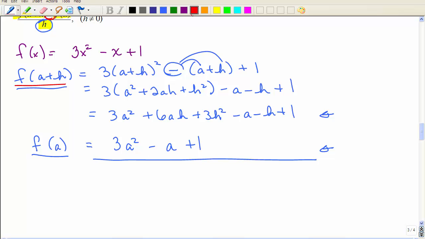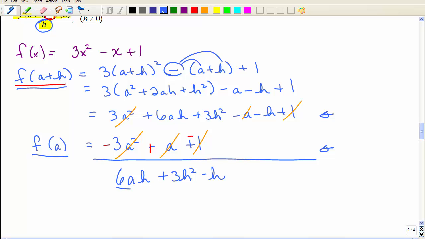So I'm going to do it vertically, changing all these signs because that's what I'm subtracting. Then I'm going to collect like terms looking vertically. So 3a squared minus 3a squared is 0. A negative a and a positive a is 0. And a positive 1 and a negative 1 is 0. So what we have left is 6ah plus 3h squared minus h.